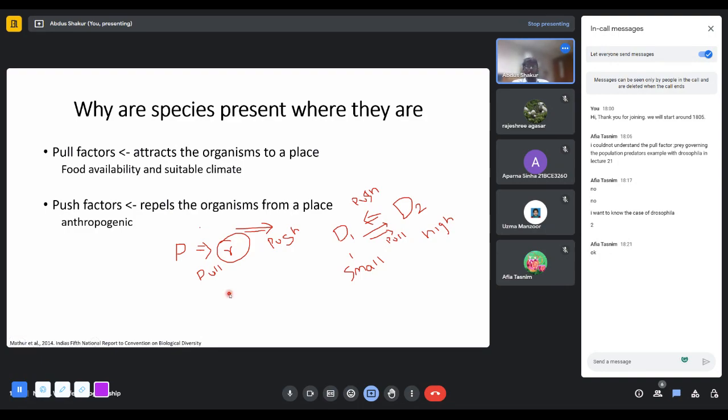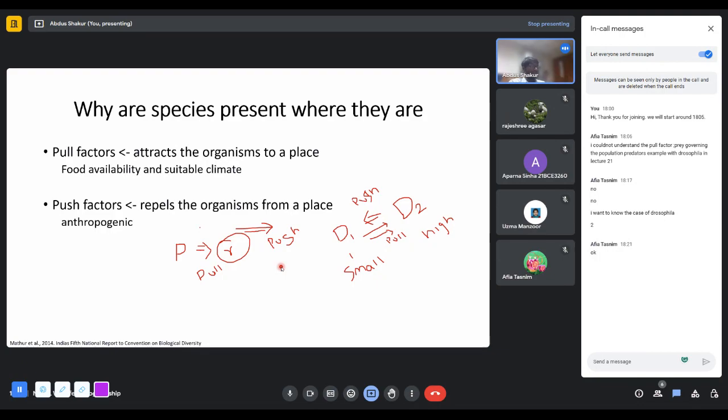Okay. So you can basically group the factors that govern species. It can be competition, it can be mutualism also. If you talk in terms of mutualism, let's say a plant and ant mutualism, wherever the plant is, the ant can also come and colonize. So that will always be a pull factor.